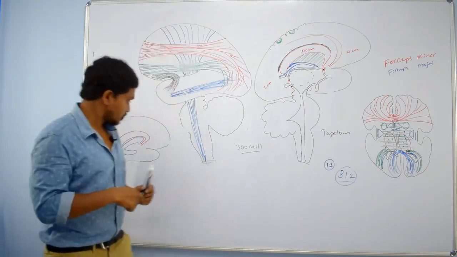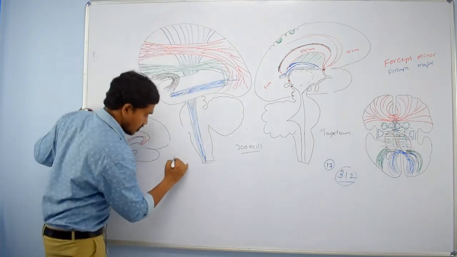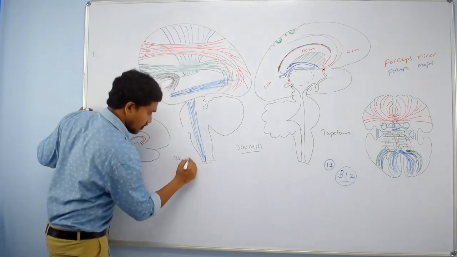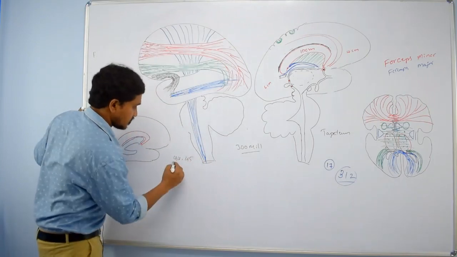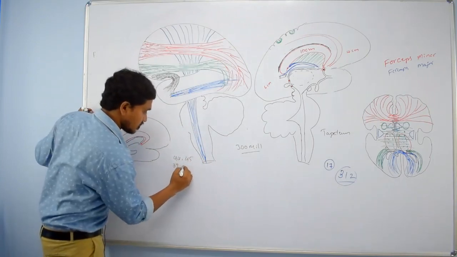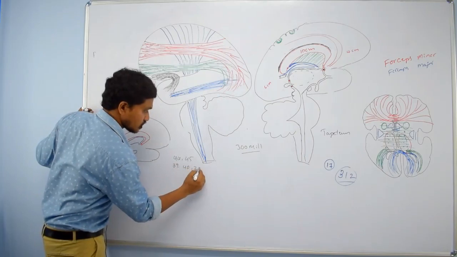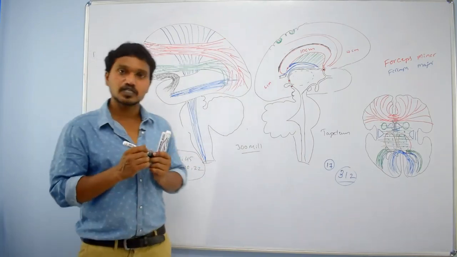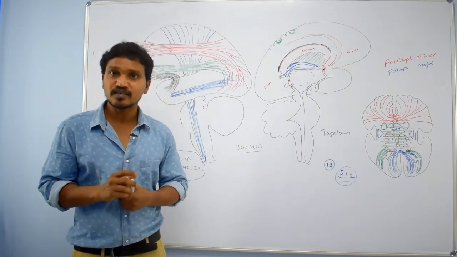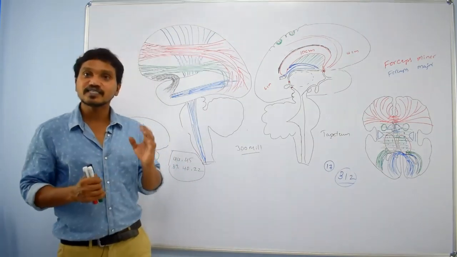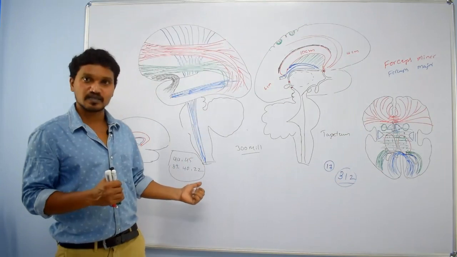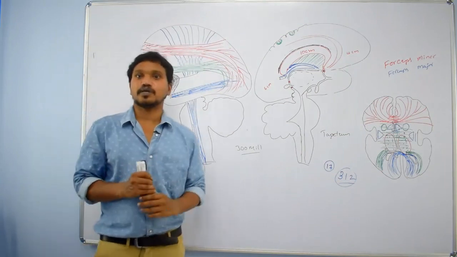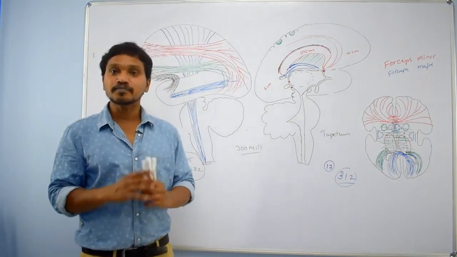Then, another thing, transfer of speech area. Speech areas, area numbers 44, 45 and 39, 40, 22, are responsible for speech. If there is any damage to these areas of the dominant hemisphere in the adult period, the person cannot speak.